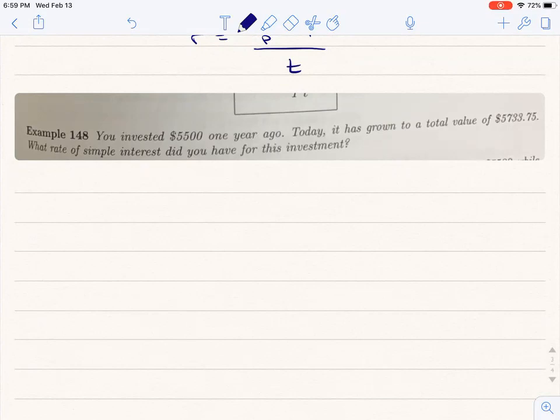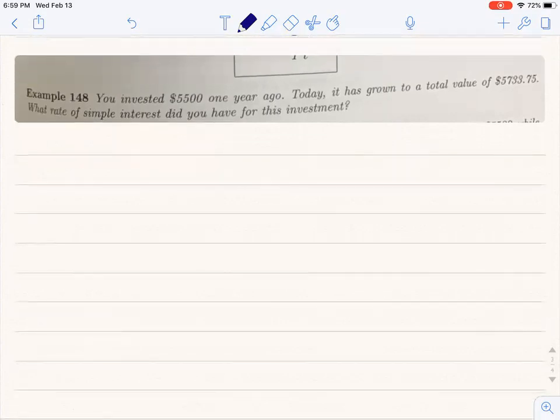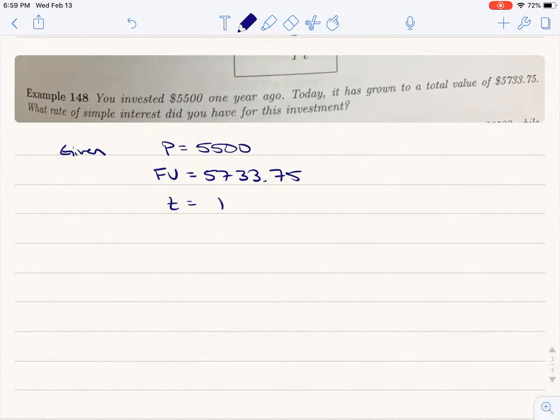What rate of simple interest did you have for this investment? Fair enough. Let's see. We've been given P is 5,500, and the future value is 5,733.75. And T, it's a little sneaky, but it was 1 year ago. So T is just 1 year.